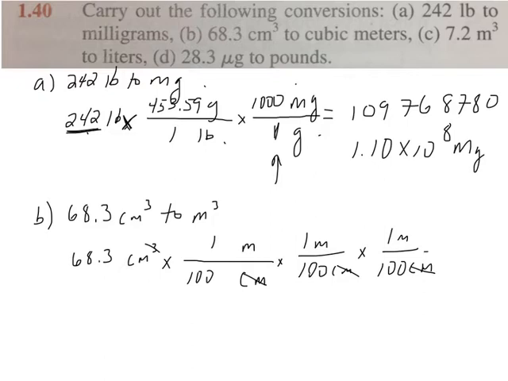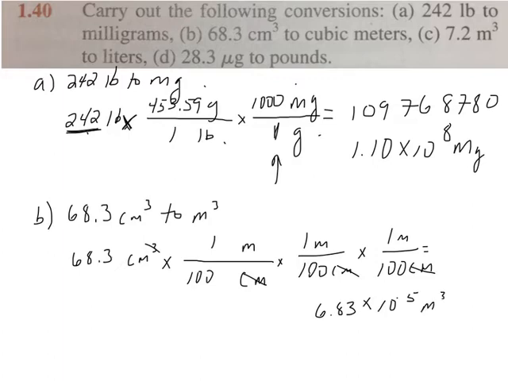That would give me meters cubed. So if I take 68.3 divided by 100 divided by 100 divided by 100, I get 6.83 times 10 to the minus 5 cubic meters.